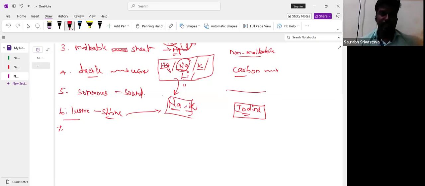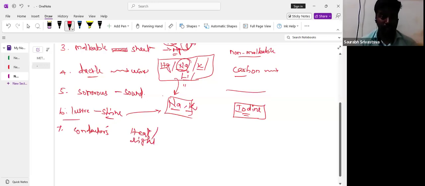Conductivity means conductors of either heat or electrical energy.